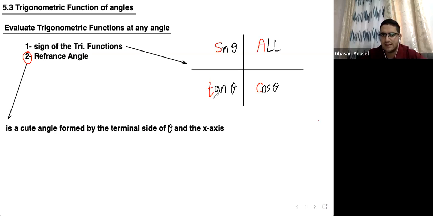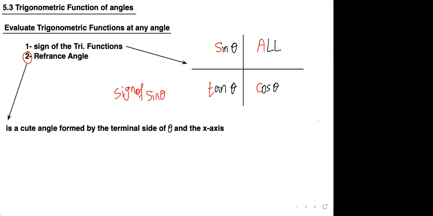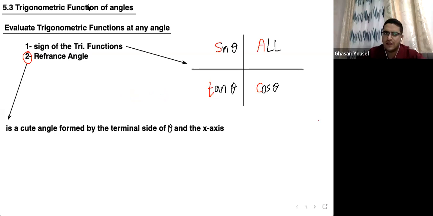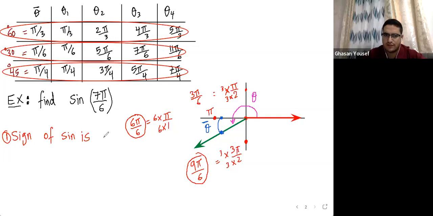The sign of sine in this quadrant is negative. So the sign of the sine function in the third quadrant must be negative.